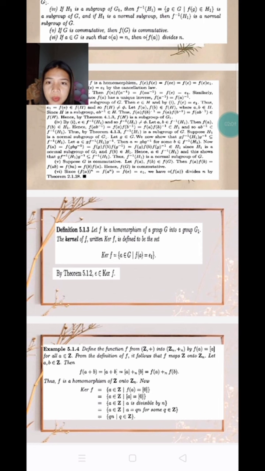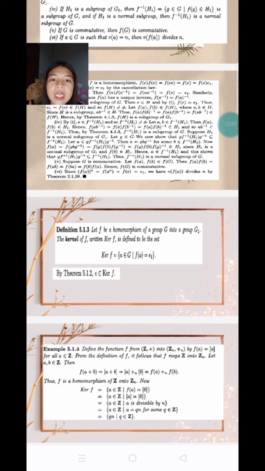Suppose H sub 1 is a normal subgroup of G sub 1. Let g be an element of G. We now show that g, the inverse image of H sub 1, g^(-1) is a subset of the inverse image of H sub 1. So H sub 1 is a normal subgroup of G sub 1, and f(b) is an element of H sub 1.